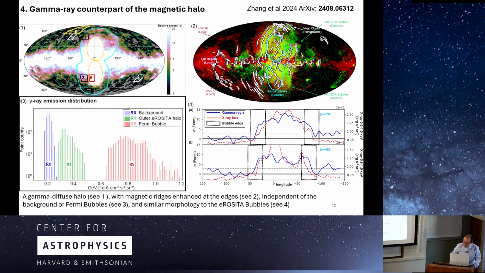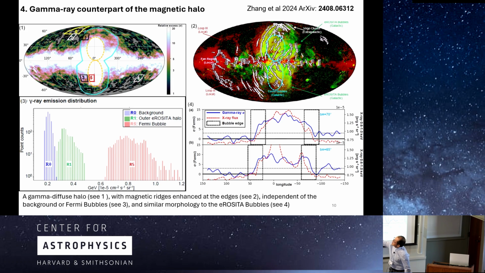Let's go further. So the synchrotron polarization is a result of the relativistic electrons. When you have relativistic electrons in the halo, what happens? Because the disk has so much starlight at multiple wavelengths, and there's also the CMB, naturally you expect some gamma ray photons due to the inverse Compton process.